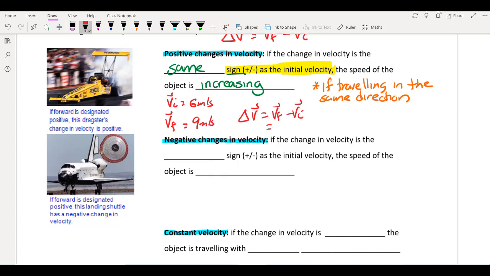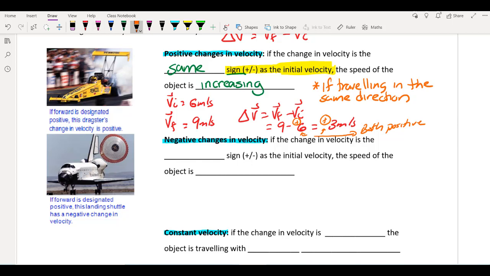We have 9 minus 6 gives us 3 meters per second, right? Notice that the change in velocity is positive. The initial velocity is positive, the 6 meters per second, right? Both the same sign, both positive, right? That ended up with a positive change in velocity.